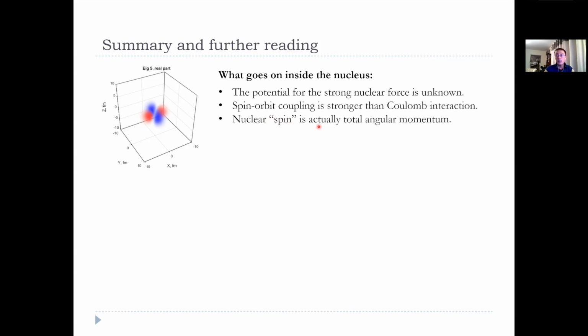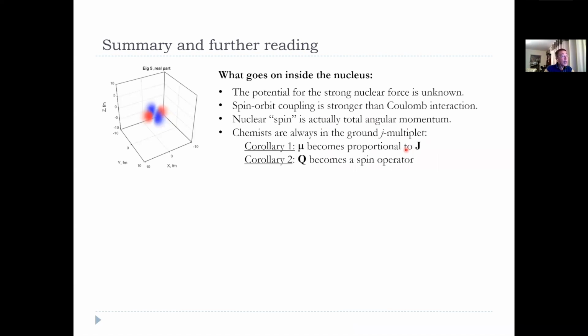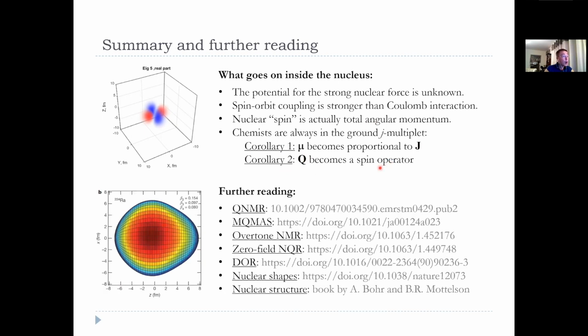Nuclear spin isn't actually spin, it's the total nuclear angular momentum. And we as chemists at room temperature are, of course, always in the ground J multiplet of the nuclear structure. And so the first corollary is the magnetic moment becomes proportional to the nuclear spin operator. And the second corollary is the quadrupolar interaction also effectively becomes a spin operator for our purposes.